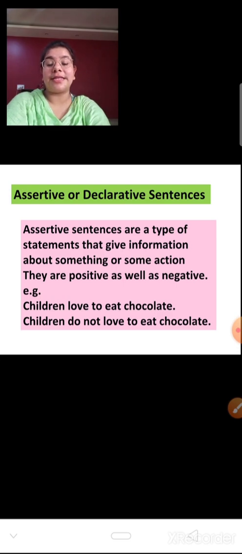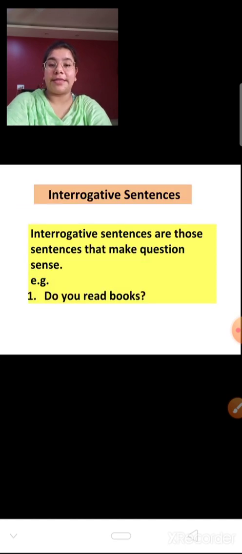So in this sentence they are saying that they don't love to eat chocolate. So remember that assertive or declarative sentences are those sentences which give us information about anything or about any action. It can be positive or it can be negative.